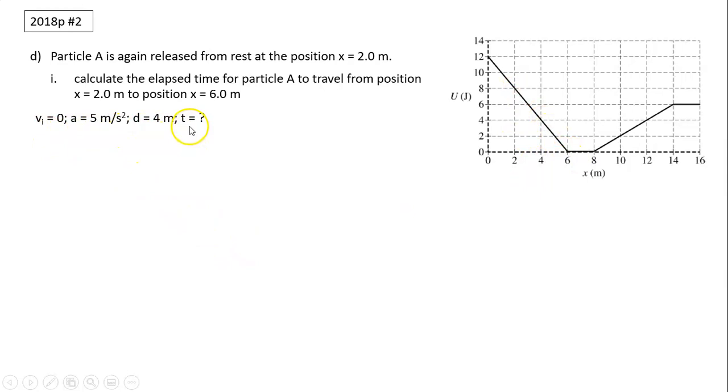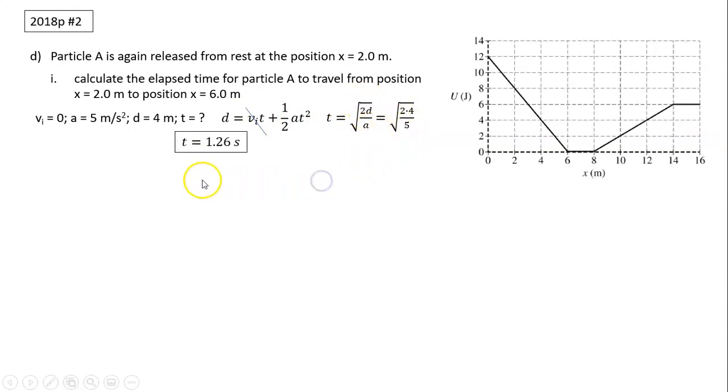Those are the quantities we know. We have to find t. Now we have to use kinematics. We can use this equation, d equals v_i t plus 1/2 a t squared. Initial velocity equals 0, so the first term becomes 0. You find t equals the square root of 2d over a. Substitute the numbers, and you'll have t equals 1.26 seconds.